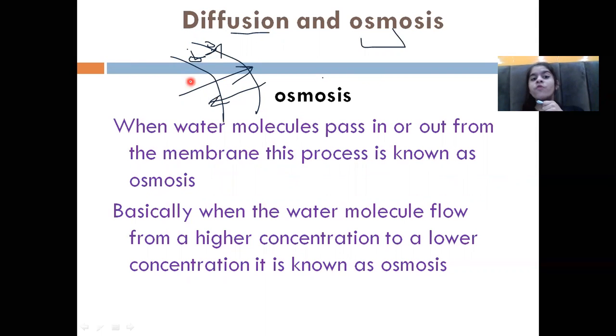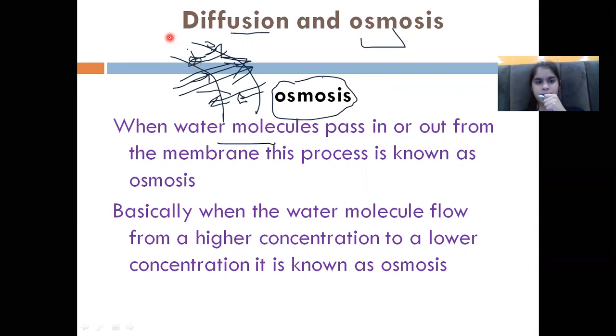Now when water goes inside the cell, when the water molecules go in or out of this plasma membrane, that process is called osmosis. What is that process called? Osmosis. So what is osmosis? Osmosis is a process when water molecules pass in or out of the cell.